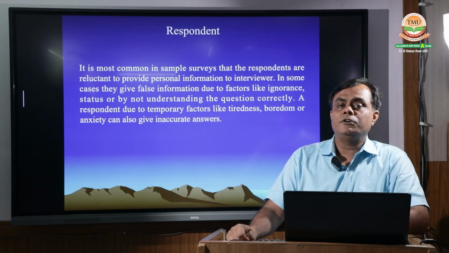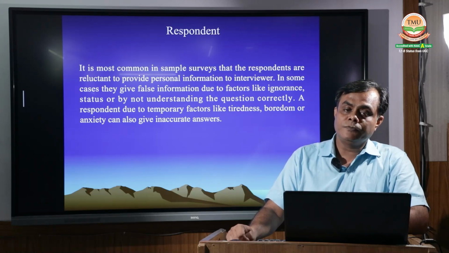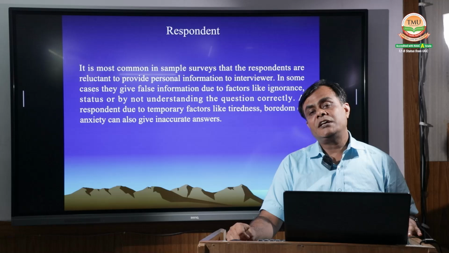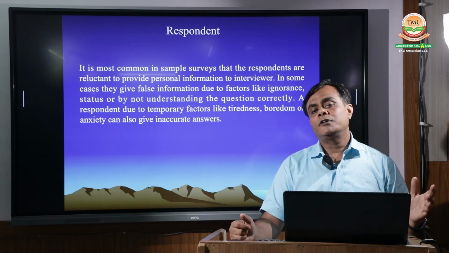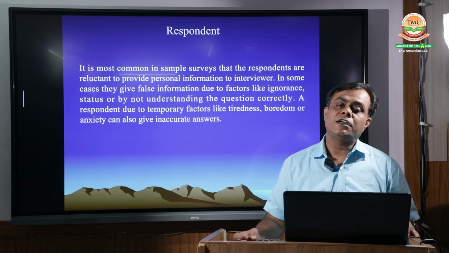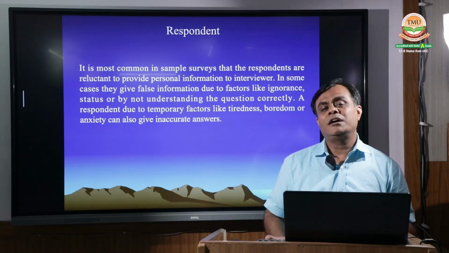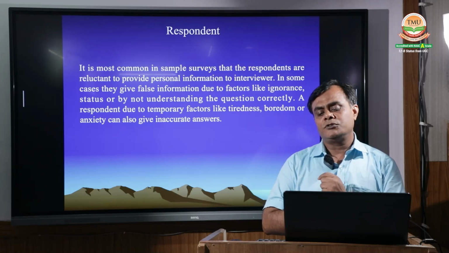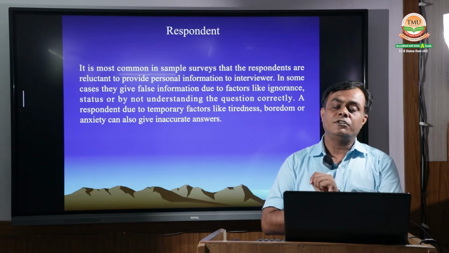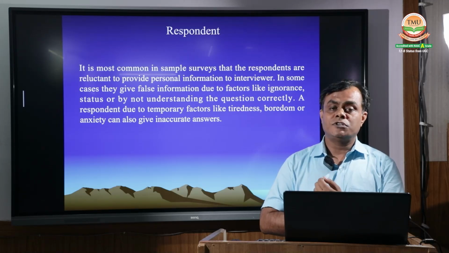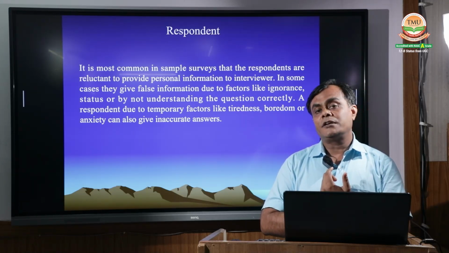At that time they want to hide something from the interviewers, or sometimes due to tiredness they are very tired when the researcher is approaching. They are not feeling good, or they are very tired due to other job pressure, or sometimes they are feeling bored by reading and understanding the questionnaire you created, and sometimes there is anxiety in the respondent.